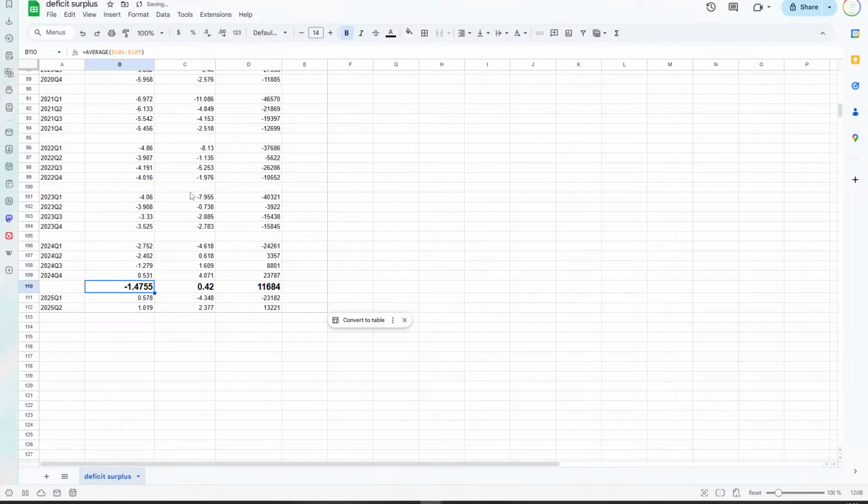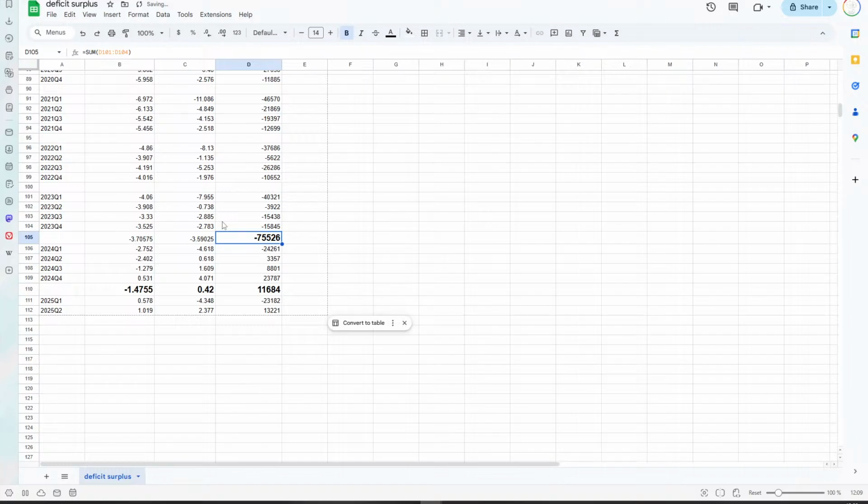I'm quite sure I should not take the average. Maybe the compounded formula should be used. I promise in the next few minutes I will survive. Okay, so there was a huge deficit in 2023.